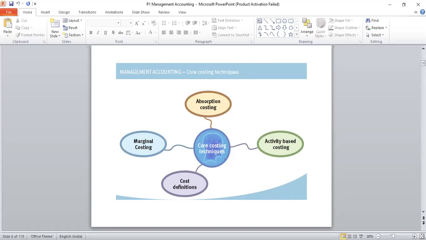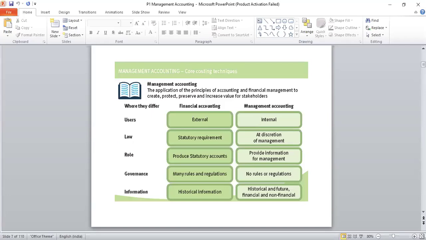See, what are the core costing techniques? The first one we're going to start is with absorption costing, but then the terms which are included have to be learned. The first topic here is what are the differences between financial accounting and management accounting.